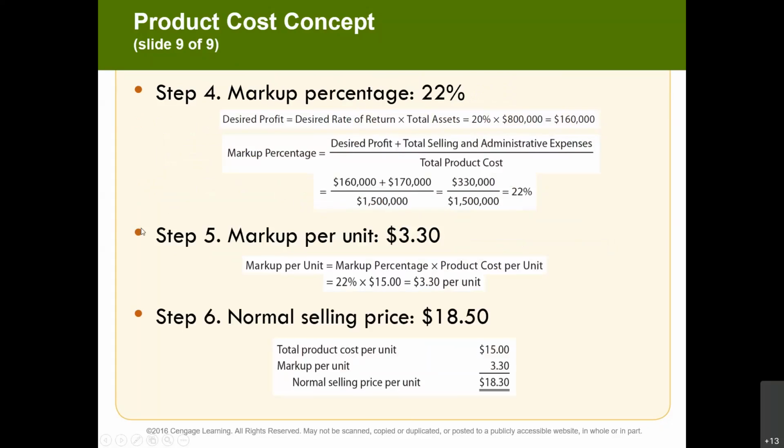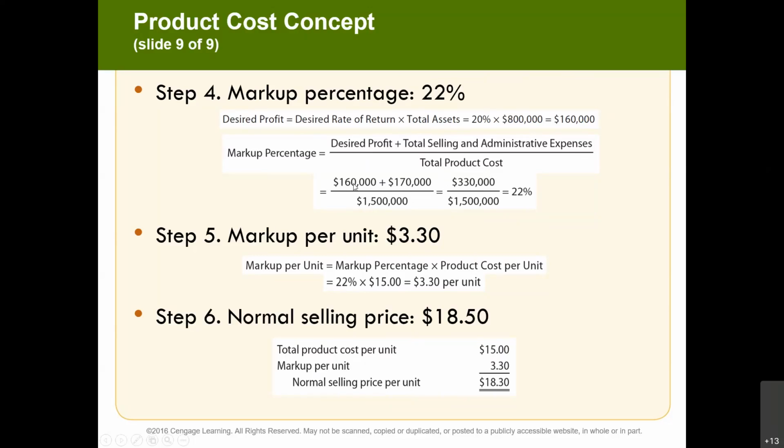Then I figure out my markup percentage. I got that to be 22%. The way I figured that out is I took my IRR, or desired rate of return, 20%, multiplied that by the 800,000 to get the 160. I then took my desired profit, added that to my total selling and administrative expenses, and divided by my total product cost.